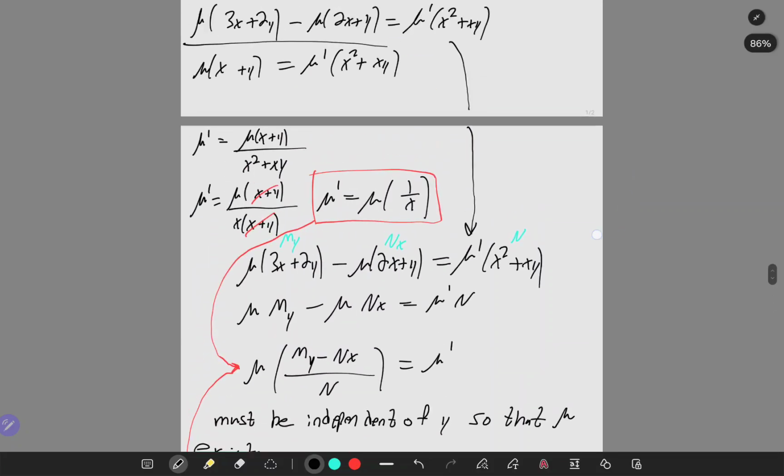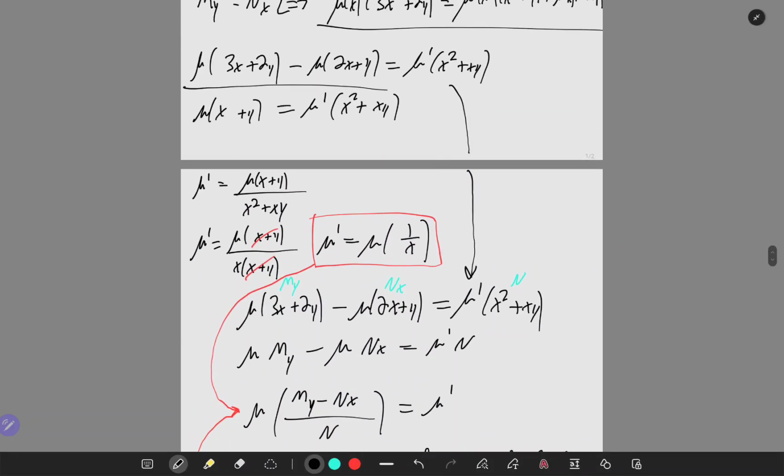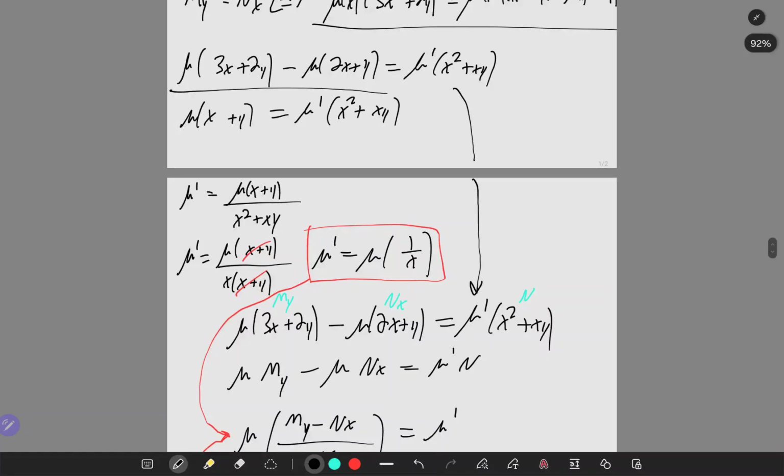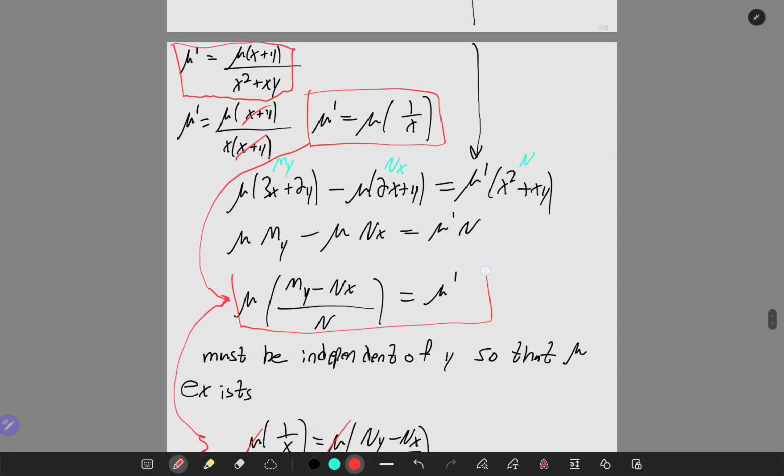If you look back up here, when we did this step right here, this down here, he just wanted to show that this is the formula, right? This is the formula right here.